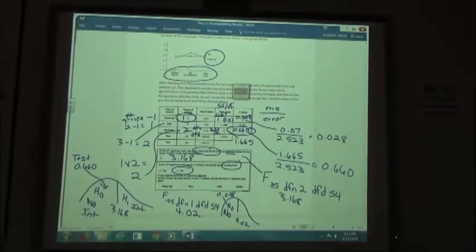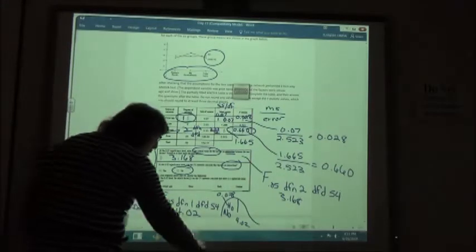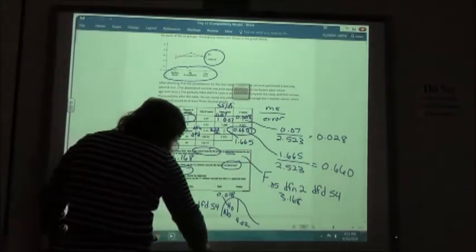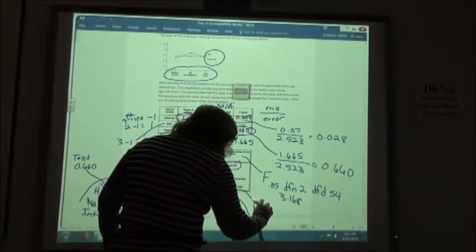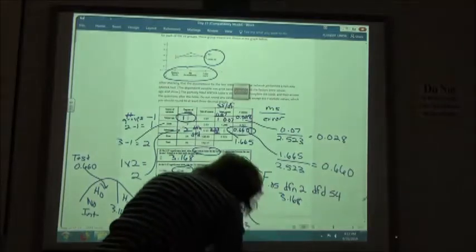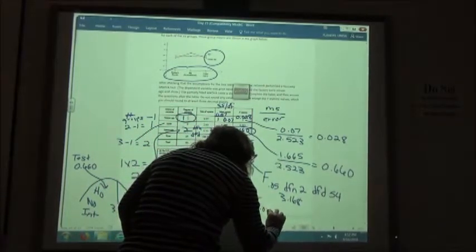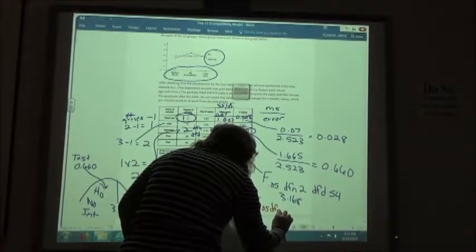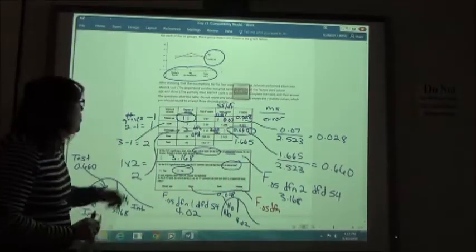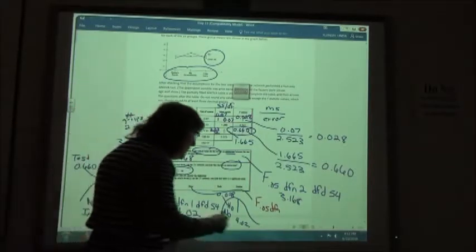Now I'm not done yet because I tested the viewer age. Now I have to test the show. To test the show, I am going to do F sub 0.05. The degree of freedom in my numerator would be the degree of freedom for the show, which in this case is 2.